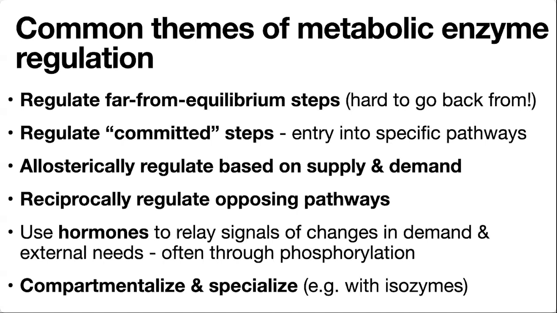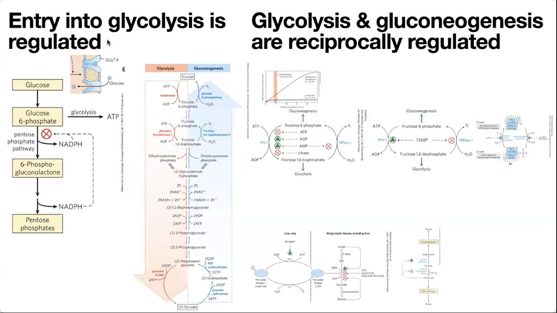Now let's identify various examples of these regulatory strategies at play in these pathways. The one with the most complicated regulation is the committed step of glycolysis. This makes sense because we want to regulate tightly the entry into a pathway where, once we go in, the other alternatives are a lot harder to go to. This is why we tightly regulate phosphofructokinase and fructose 1,6-bisphosphatase 1.